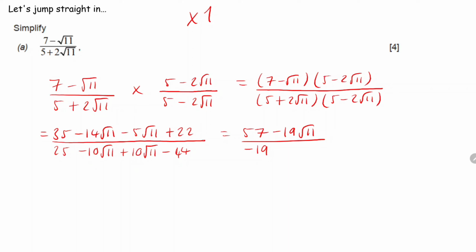And then minus 10 root 11 plus 10 root 11, they'll cancel each other out. So what we notice now is there's no surd part at the bottom. Now 19 will go into both of these. 19 will go into 57 3 times, so that becomes a minus 3. And 19 will go into 19 once. The 2 negatives make a positive, so it'll be minus 3 plus root 11. And that's our final answer.